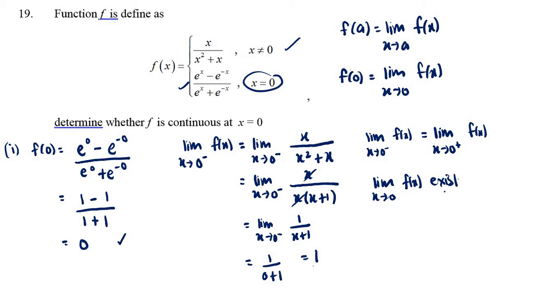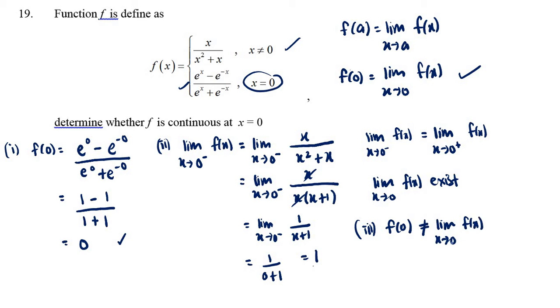Right, so it exists, but however the third condition, so this one is the second condition, right? So we check for the second condition, but for the third condition it must comply with this thing that we write up here. Okay, mesti follow yang ni lah, mesti strictly. But now we can say that this value is not equal, so f(0) is not equal to the value of the limit for x approaching 0 of f(x).